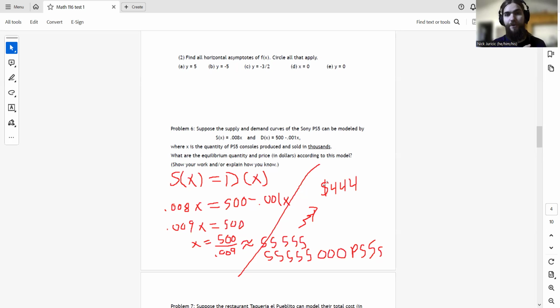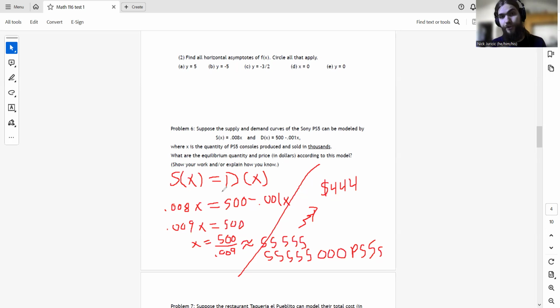I wasn't crazy about rounding or anything like that. If it was in the right ballpark, that was great. Mostly what I was looking for is consideration of the thousands, knowing how to find the equilibrium point in the first place, and making sure not to forget about the price because both of them are asked for.